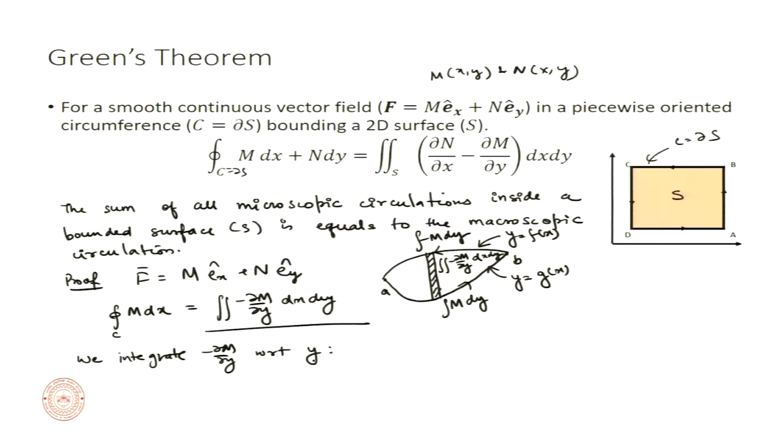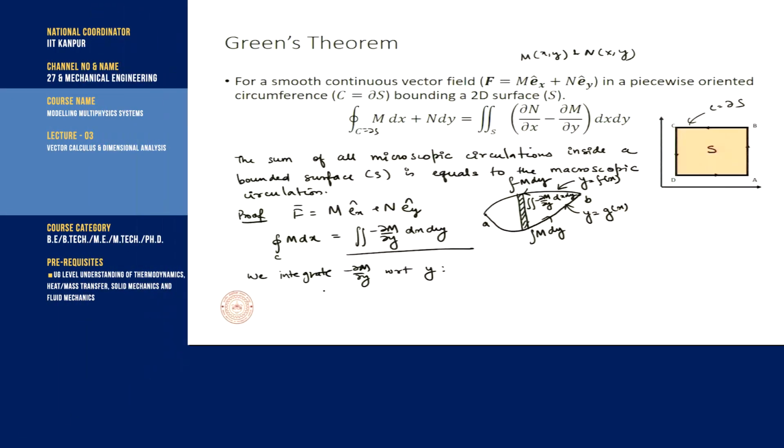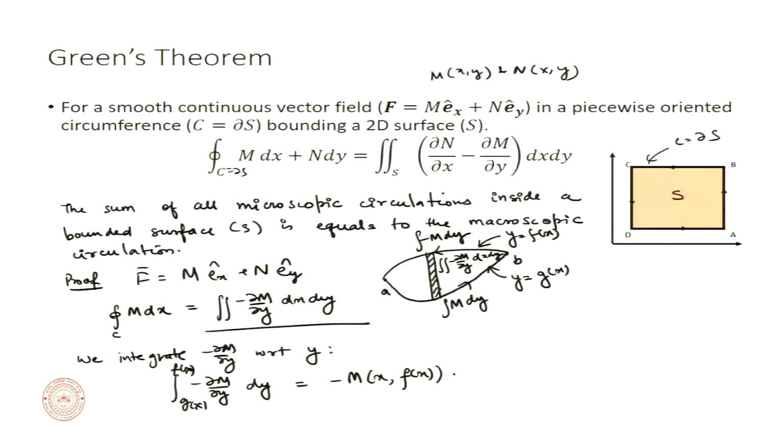So, the first integration, we are doing integration from the bottom plane, that is g, to the top plane, that is f, top line or the curve, of minus del m by del y dy. Okay. So, this integration will give us minus m of x, f of x plus m of x, g of x.